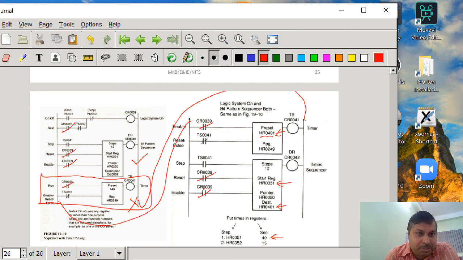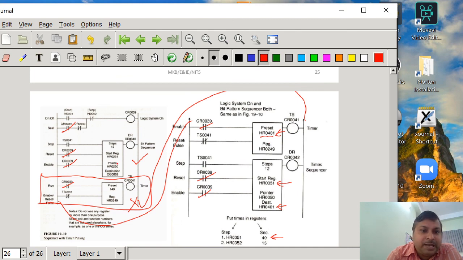Once it is closed, then here you see for the step the address of TS41 is given, and here also for the other sequencer TS41 is given. So whenever this is on, then TS41 will be energized.